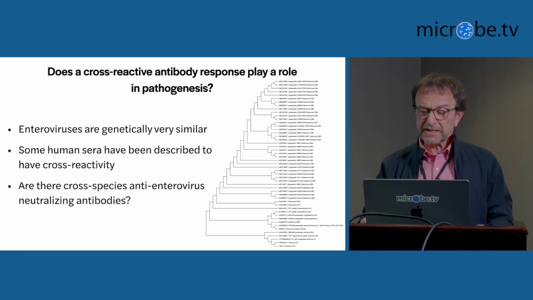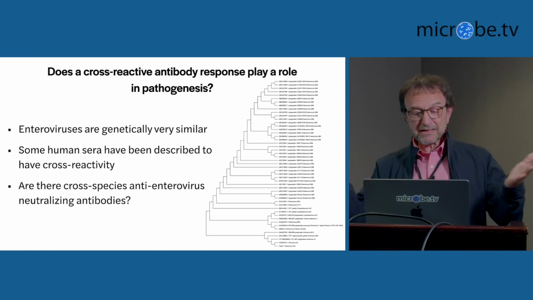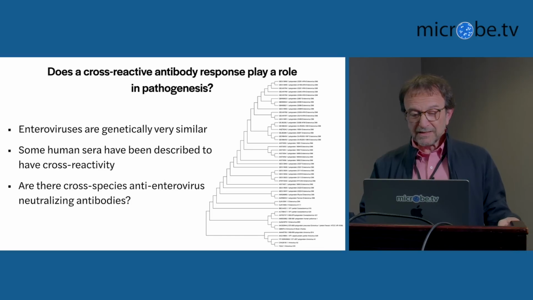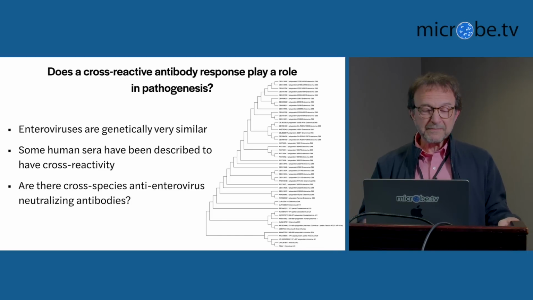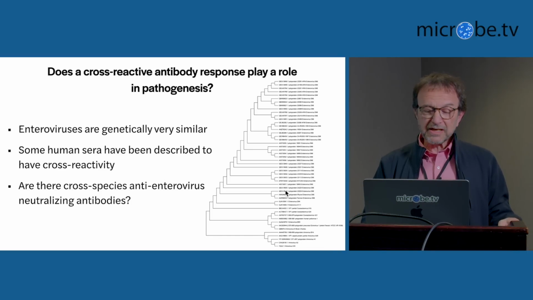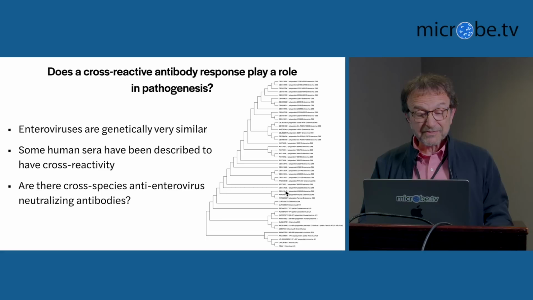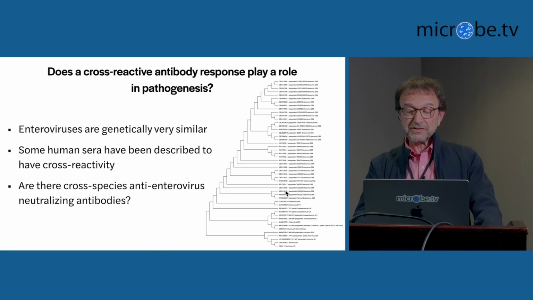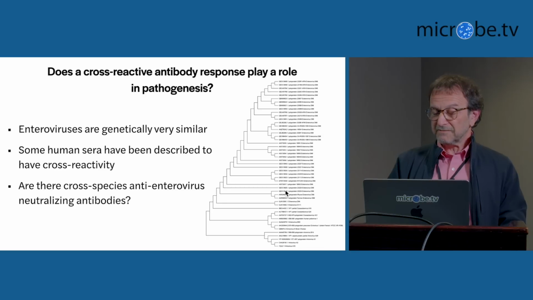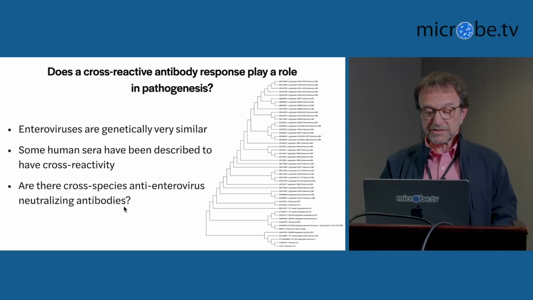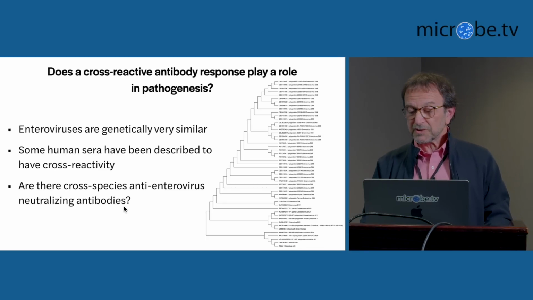Finally, last story, again, the last set of experiments that I actually did at Columbia along with Amy. Enteroviruses are genetically very similar, and it's been reported in the past that humans have cross-reactive activities among different enteroviruses. So we asked a very simple question: are there cross-species anti-enterovirus neutralizing antibodies?